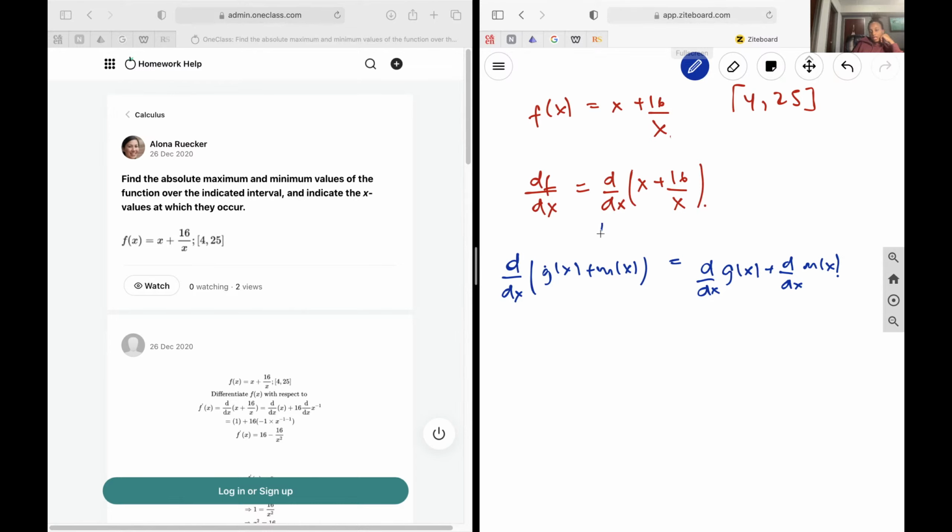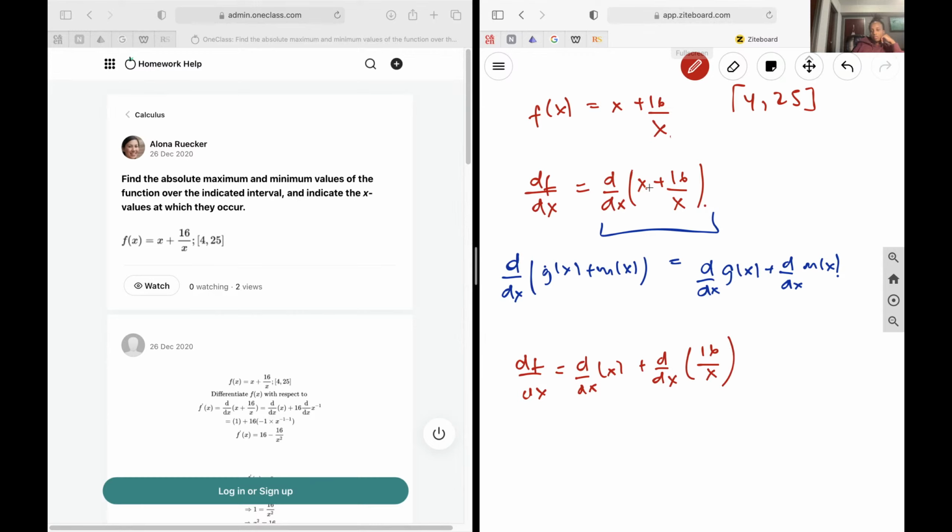And so I'm just going to apply that to split this up. And I will get that df over dx is d over dx of x plus d over dx of 16 over x.